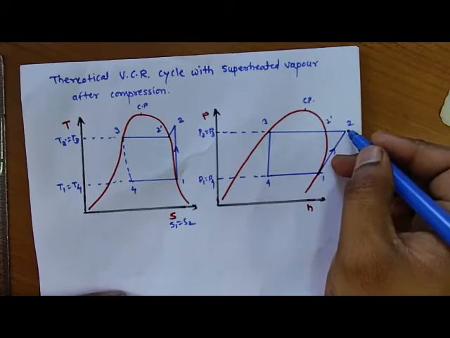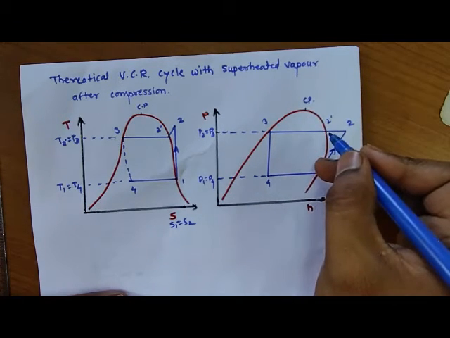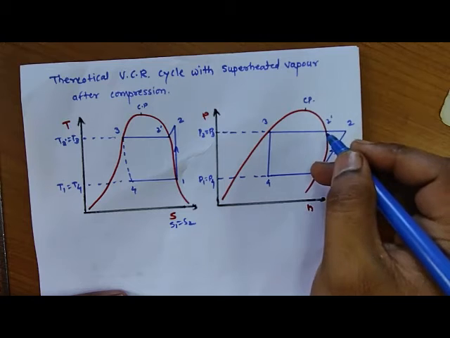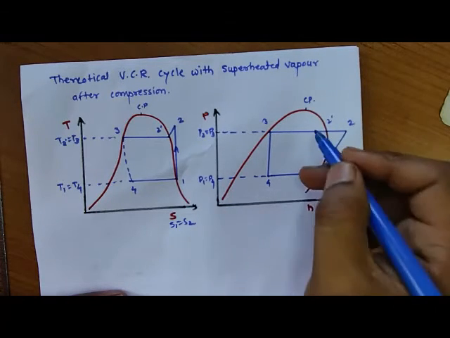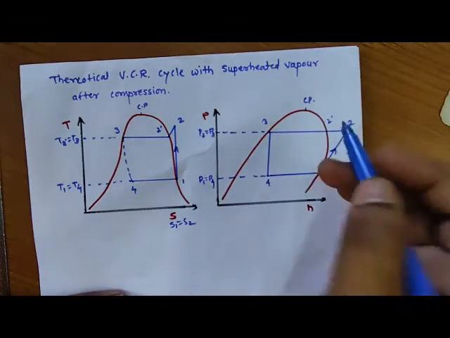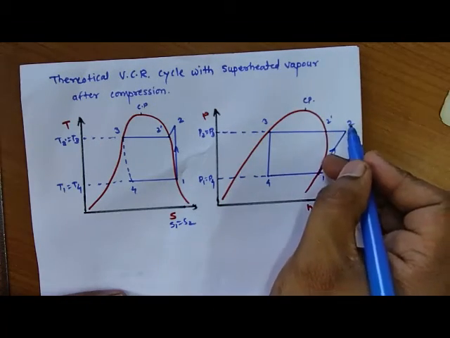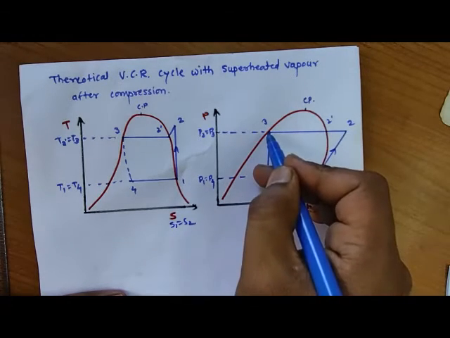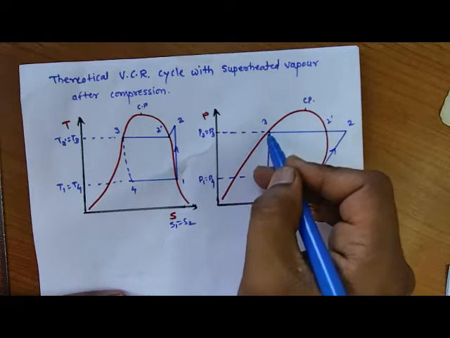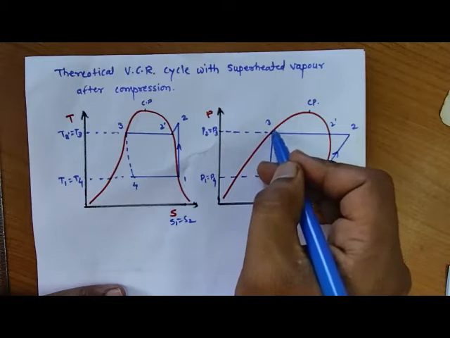Now 2 to 3 is constant pressure heat rejection, that means the condensation process takes place. In the pH diagram this is at constant pressure, so point number 2 from the superheated region will move toward the saturated liquid line. Point number 3 is available, as stated in previous types also, on the saturated liquid line.